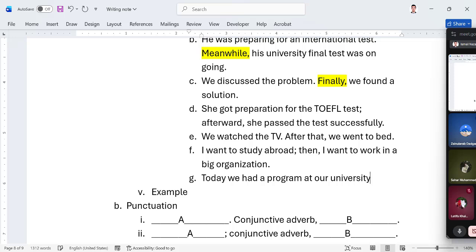I was the speaker, so the next was my classmate. So the next we don't have. No, teacher, the next one was my classmate, sir.